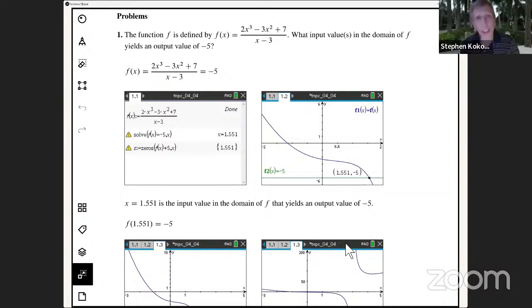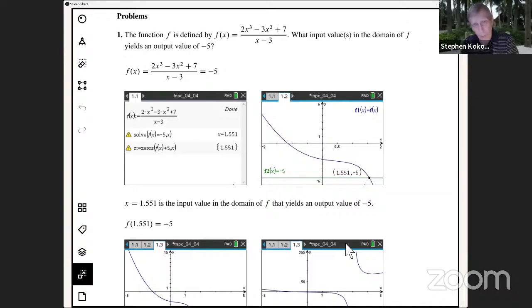So this first question deals with a rational function f of x that's given there. We have a cubic polynomial divided by a linear term. And we're asked what input value or values in the domain of f yields an output value of -5. So at least in my mind, the concept here is that the student must understand what domain and range are.